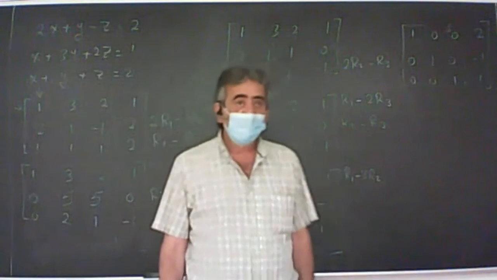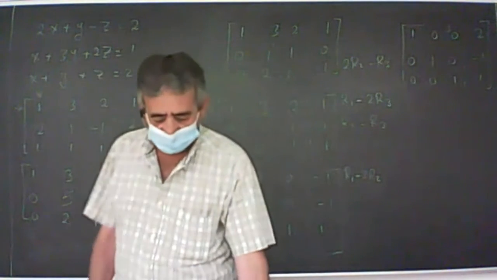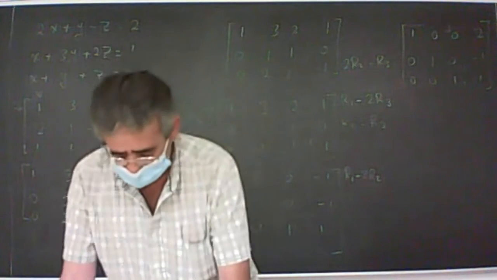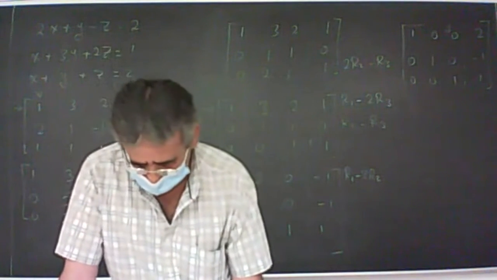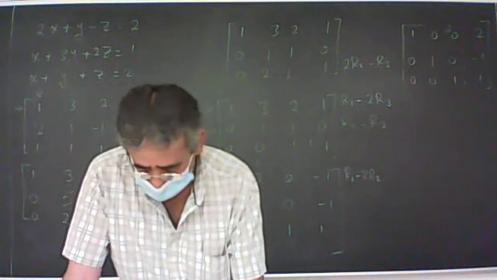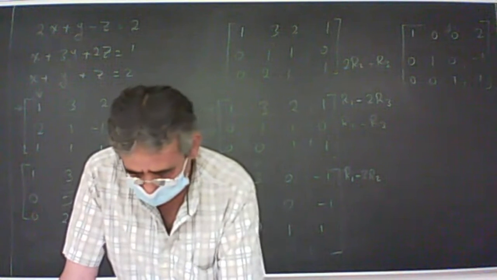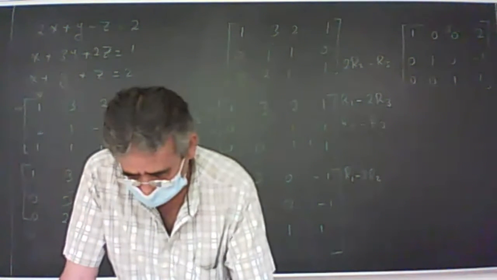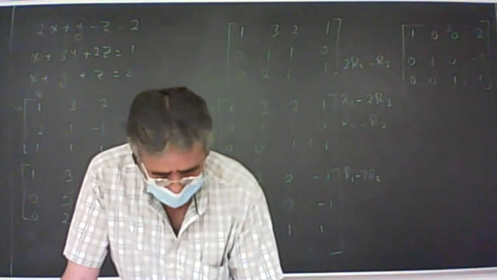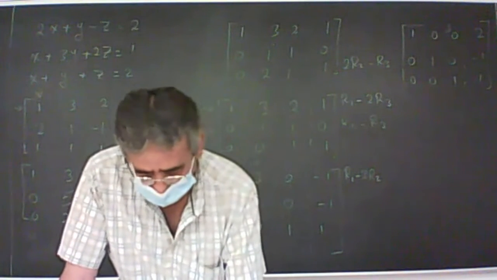Any questions? Now, suppose for instance, let's figure out an example that will give me what I want to say. This is called the Gauss-Jordan method.